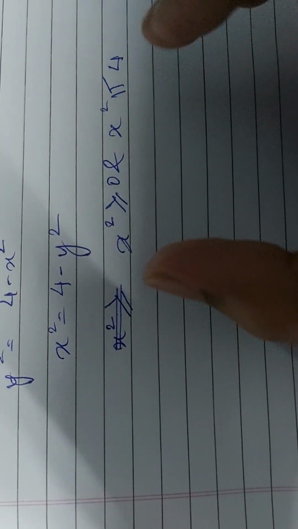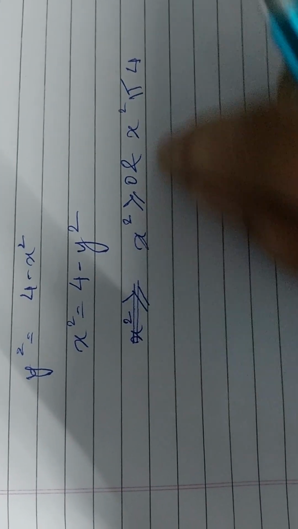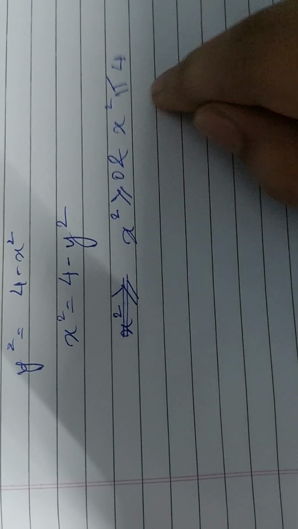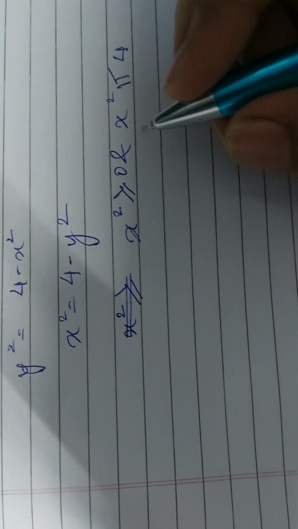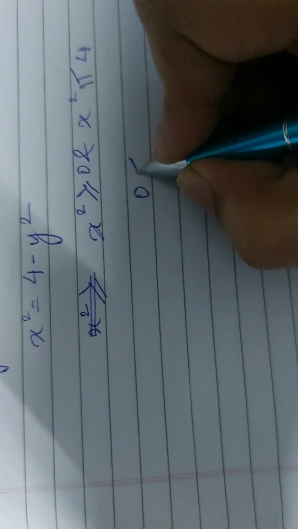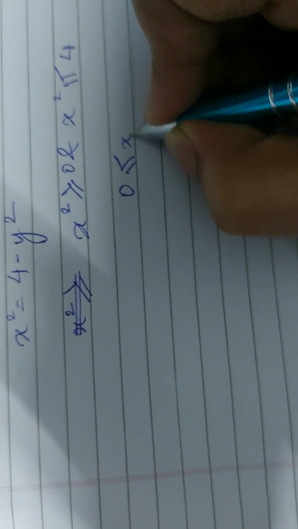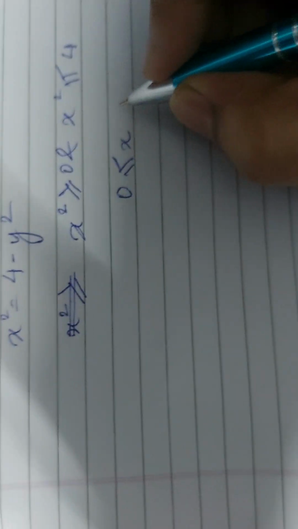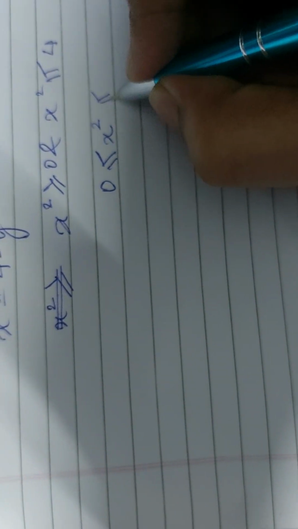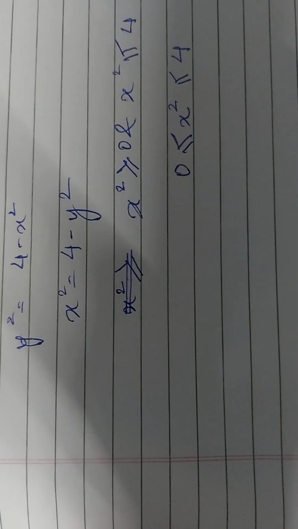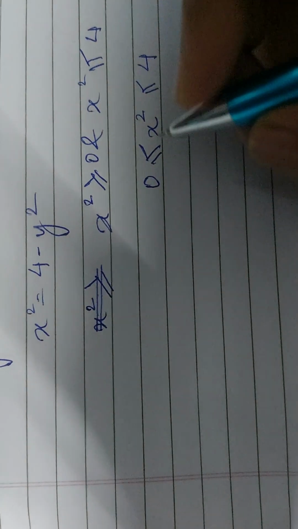There are two inequalities with a common variable. We can rewrite this as 0 less than or equal to x square less than or equal to 4.